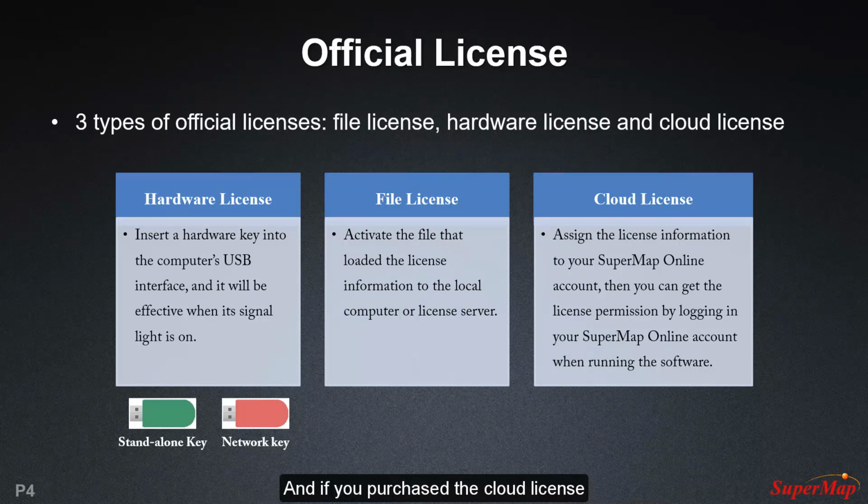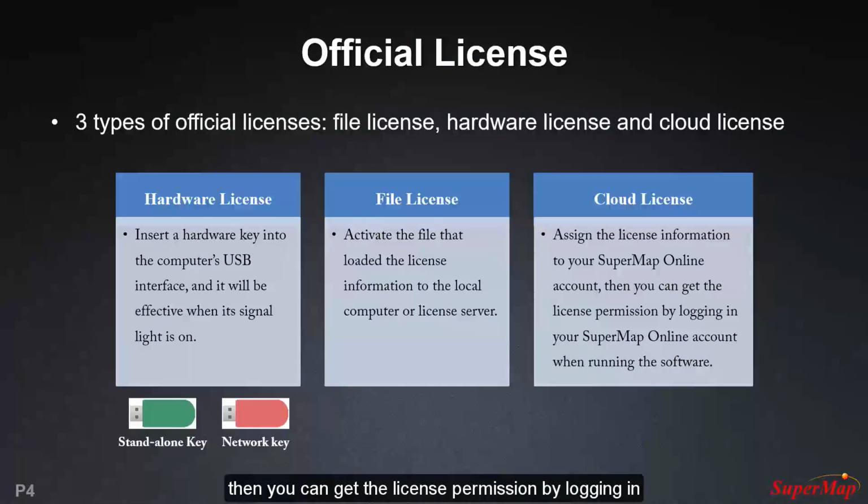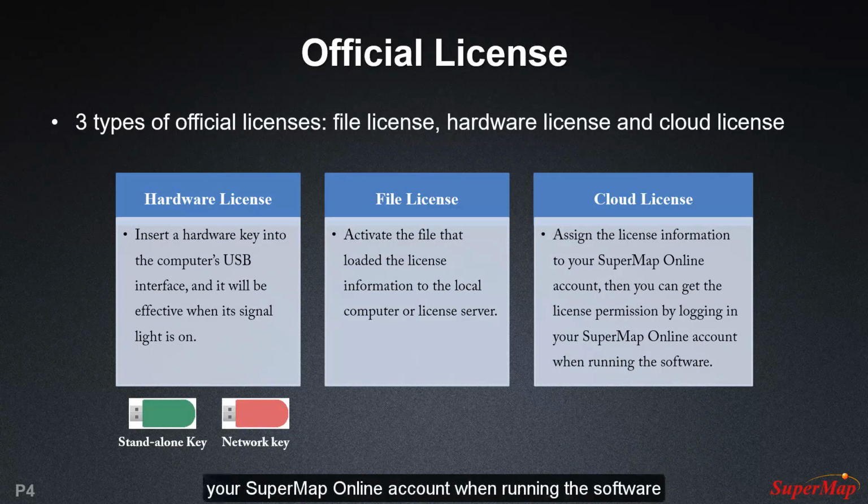And if you purchased the cloud license, the license information will be assigned to your SuperMap online account. Then you can get the license permission by logging in your SuperMap online account when running the software.